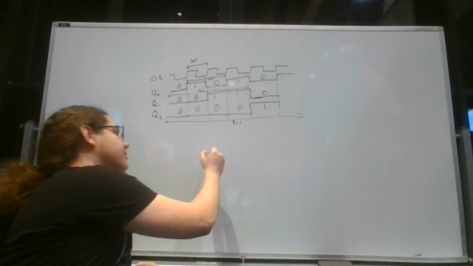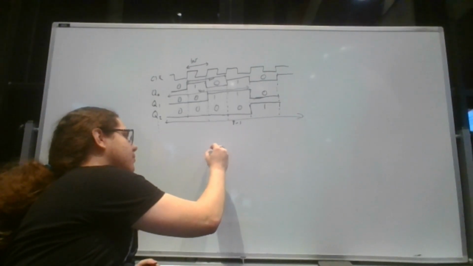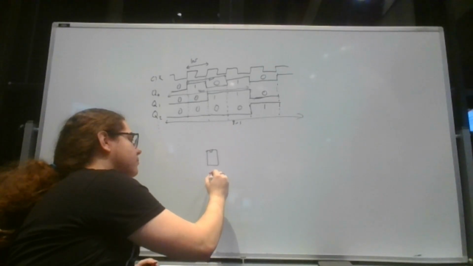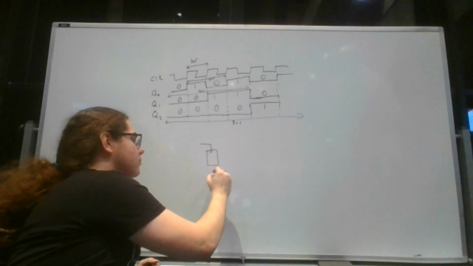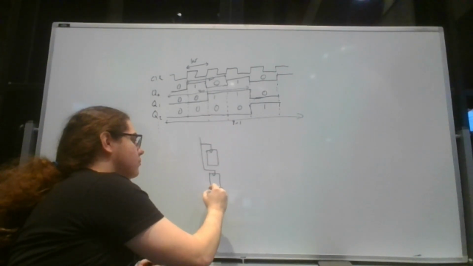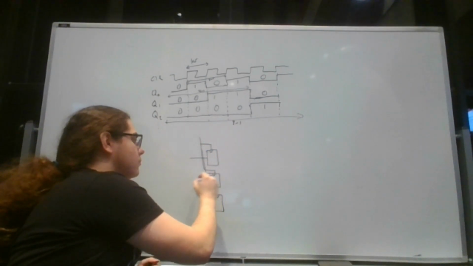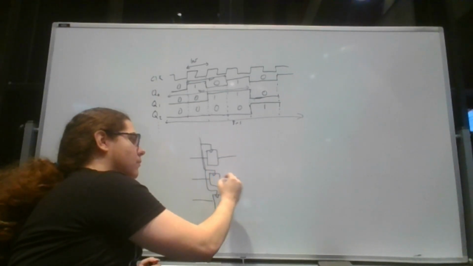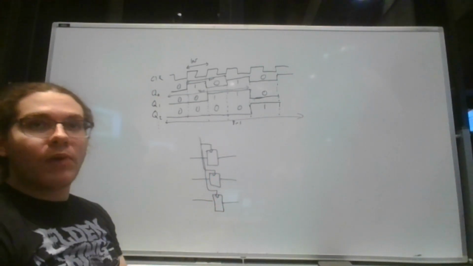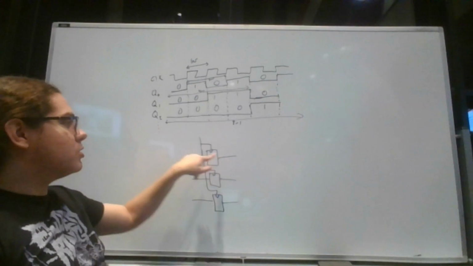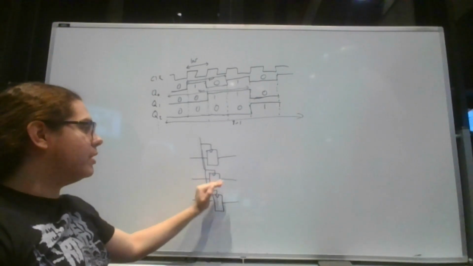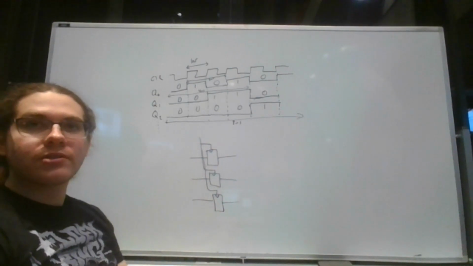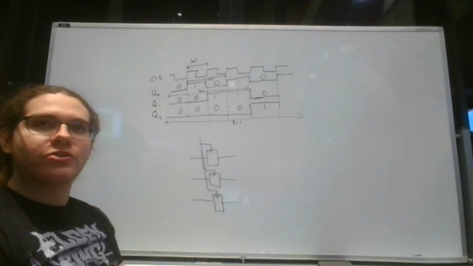So it looks something like this. Physically, this is how you make a multi-bit register. You chain a bunch of flip-flops, which each take in one bit and output one bit, and they're all connected to the same clock source. That's what a multi-bit register is.